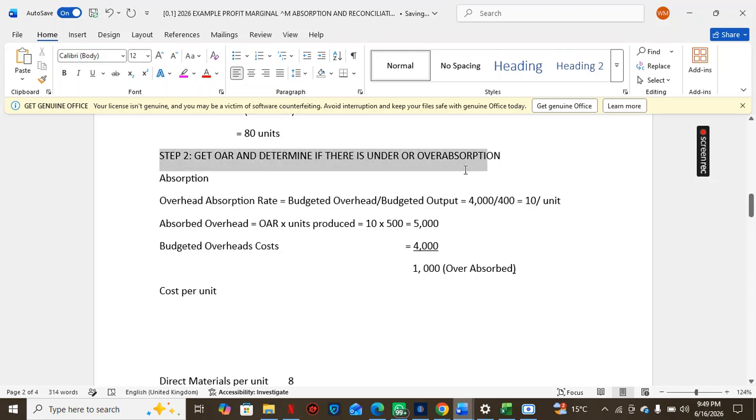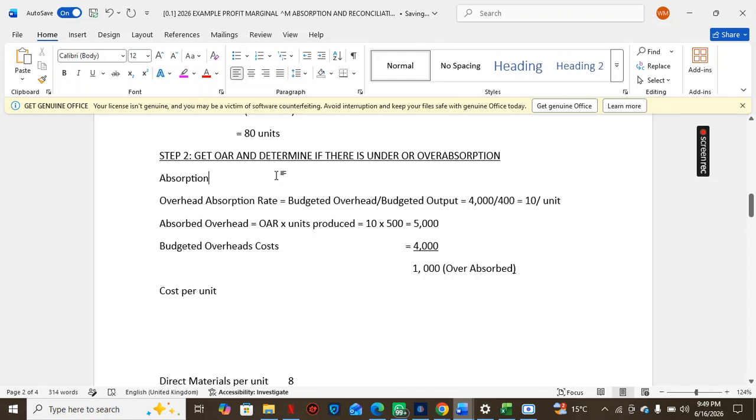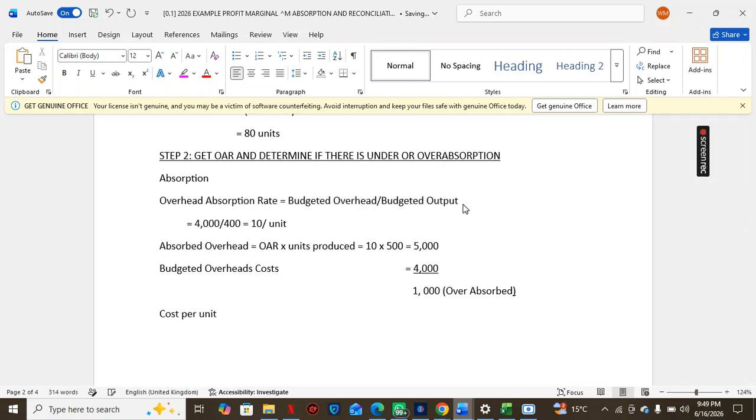Our overhead absorption rate, remember, is budgeted overhead divided by the budgeted level of activity.